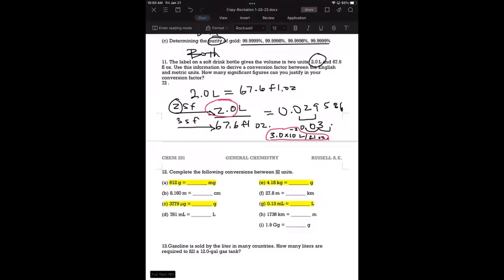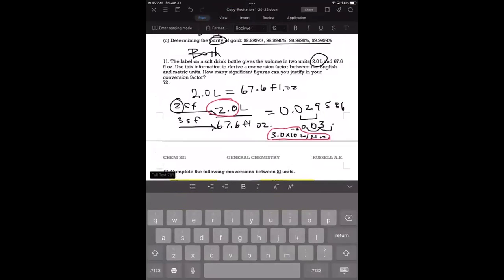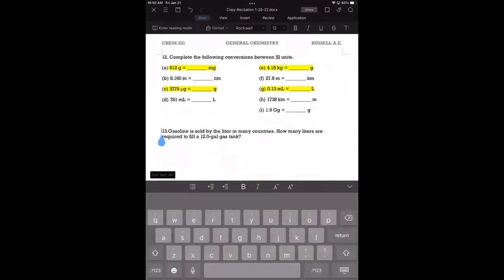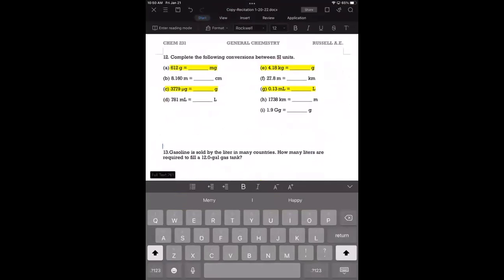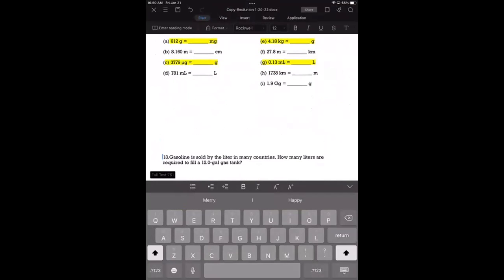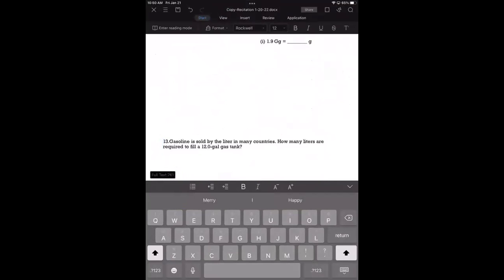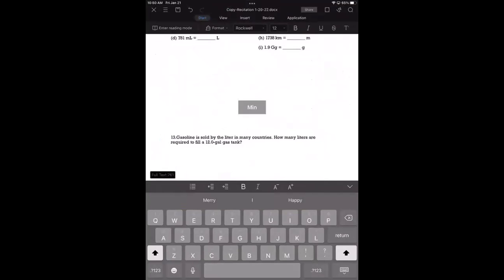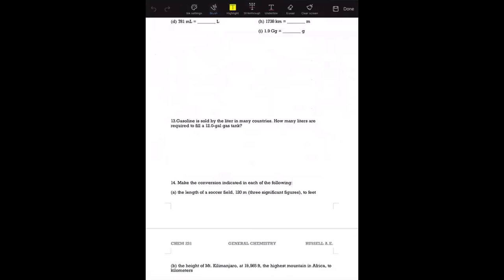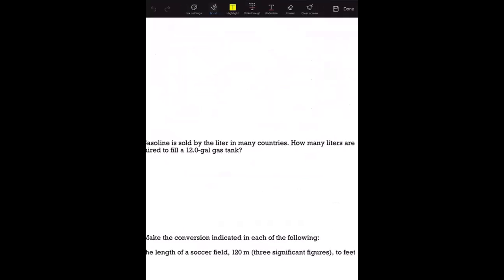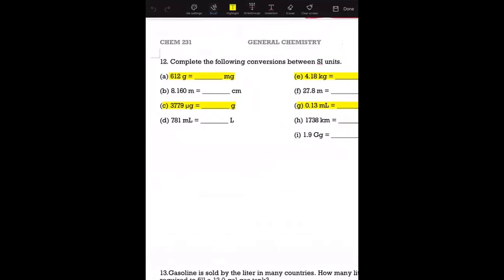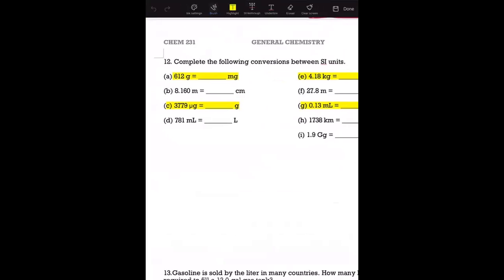Let me put some space here. All right, so with A, what are we doing? We are converting from what? Grams to milligrams. Is that right?